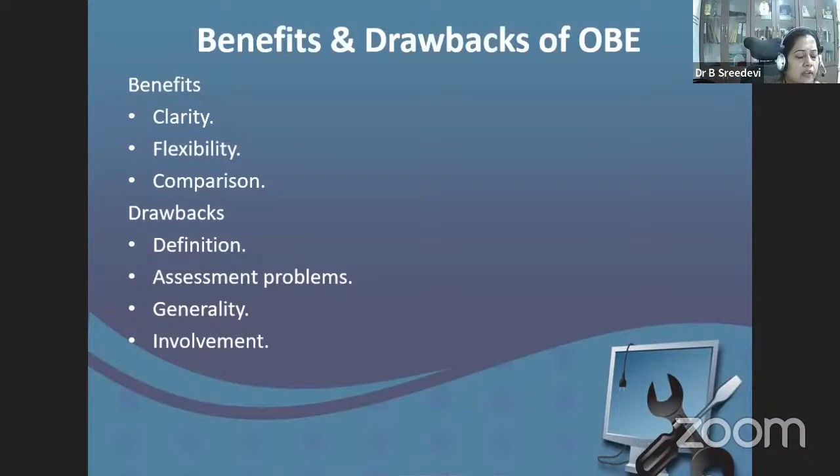Then flexibility. Whenever you say OBE, there comes outcome-based education. There is a framework where you start with the program assessment committee, which is internal faculty, to discuss the curriculum. Then you go with the department advisory board, where there will be members from outside colleges and industry people, and they give suggestions on your curriculum.